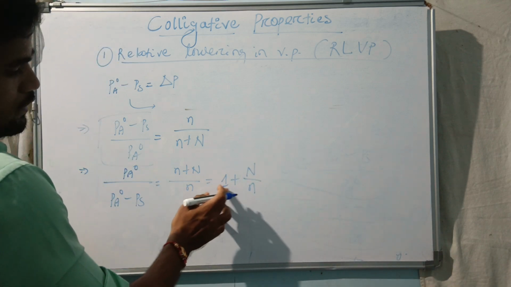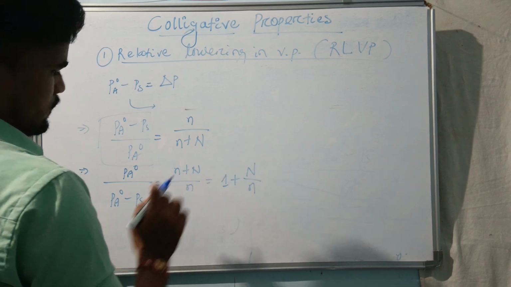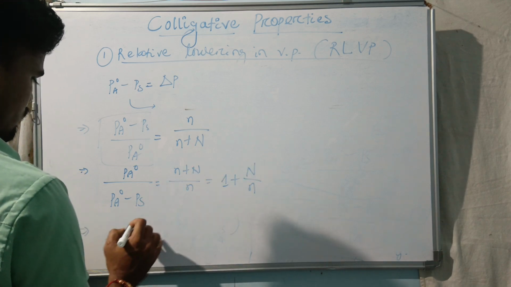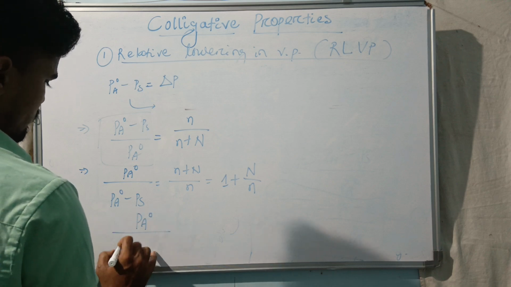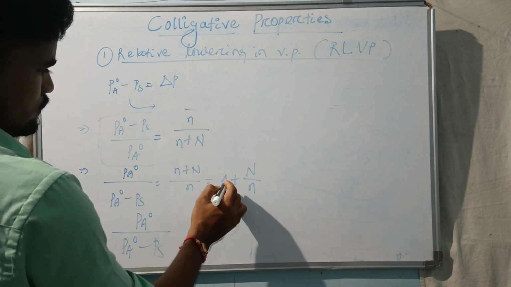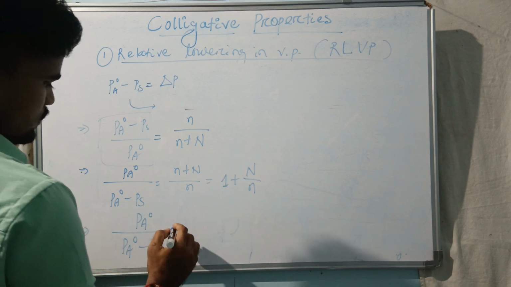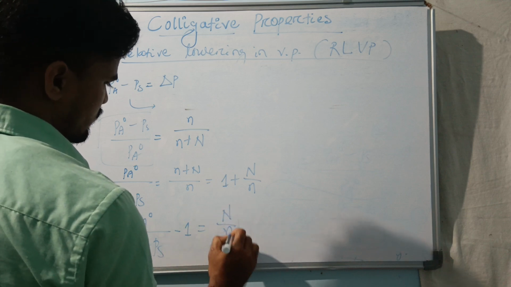Same thing if you do cross multiplication. So PA naught divided by PA naught minus PS, this 1 will come to this side, minus 1 is equal to N divided by n.